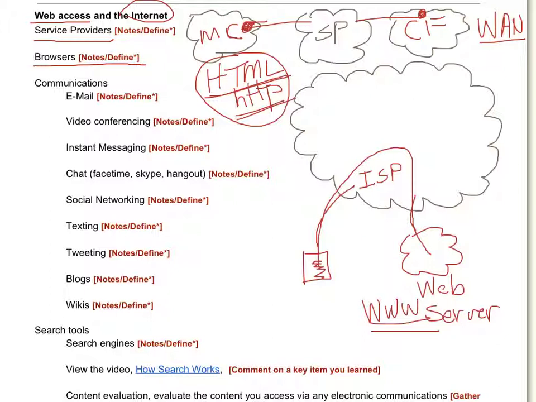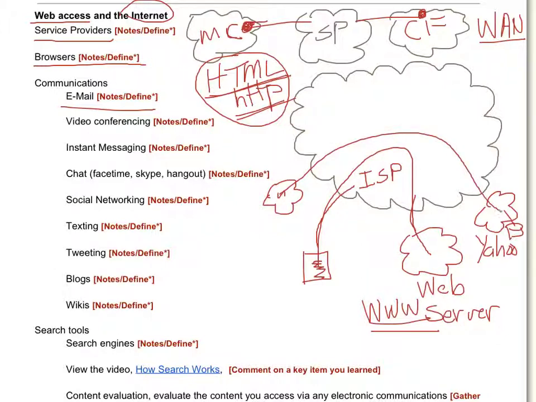Also through the internet, we could send email. So let's say you have a Yahoo account, and they have storage here in which they can store your email. So you could be in your little network at home or somewhere, and you can communicate then with your Yahoo email.